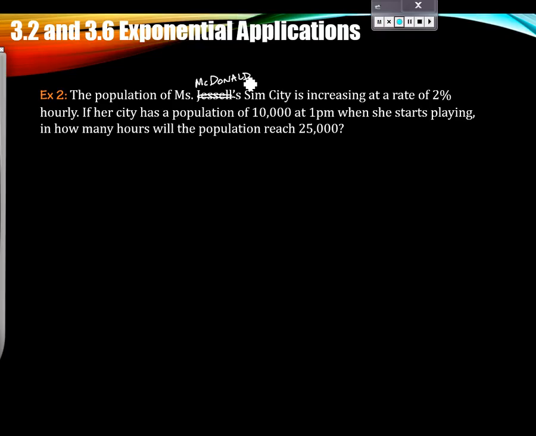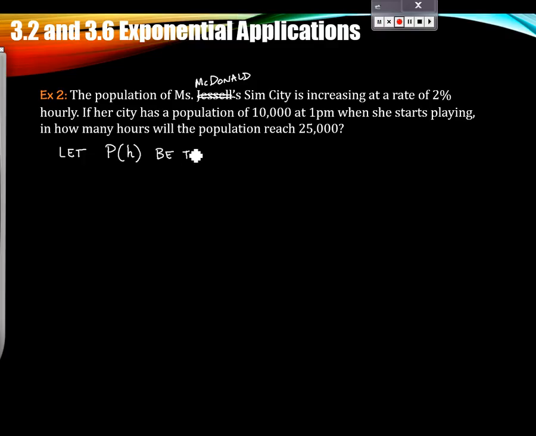Defining variables. Okay, what would you like? Let's let T be, or H, or what do you want to do for the number? For the population of SimCity, you want to have S? No, wait, it'll look like a 5. How about we let P be the population, and what's the independent variable? H, you like H?